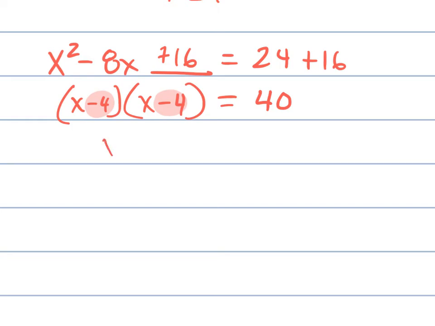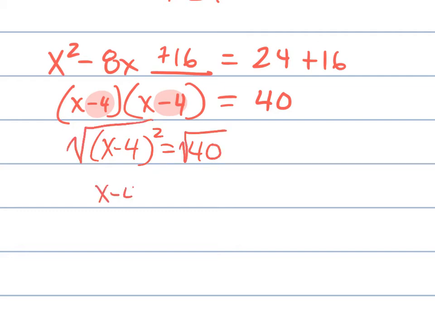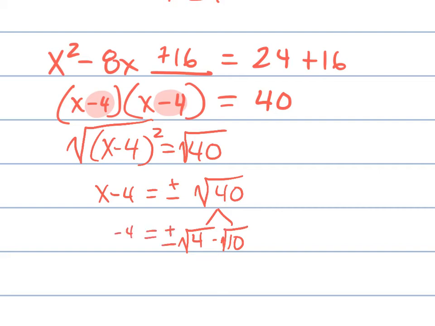Okay, (x minus 4) squared equals 40. Then you square root both sides. x minus 4 equals plus or minus the square root of 40, which is 4 and 10, or 5 and 8. Either one is fine. Well, I don't know the square root of 8, and I don't know the square root of 5, so those wouldn't be as good.